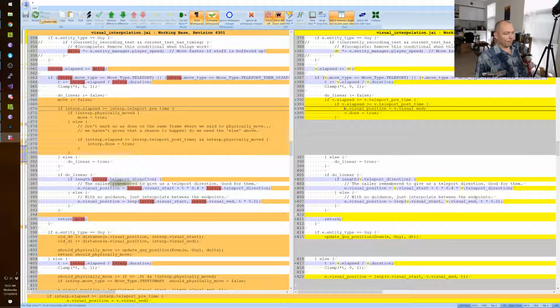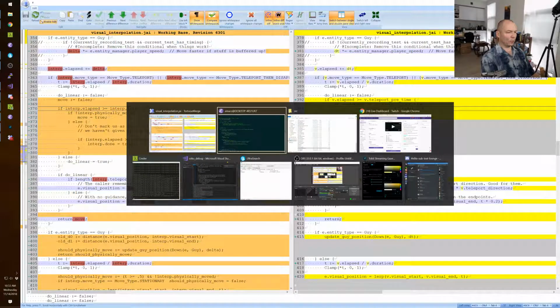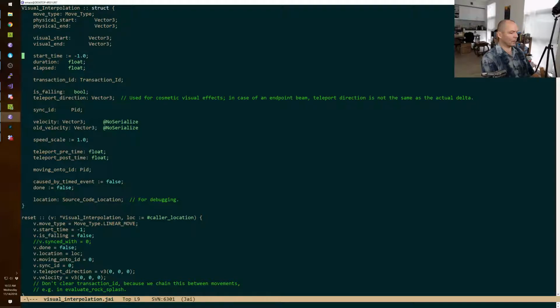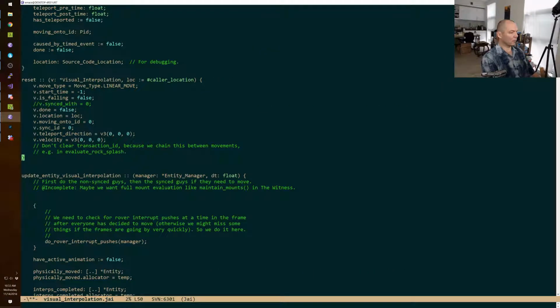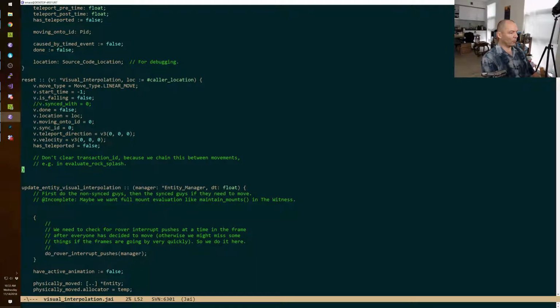Let's just edit it. Let's put back a Boolean that tells us whether we have teleported. That's by default false, right? We're going to set that to false when we reset.